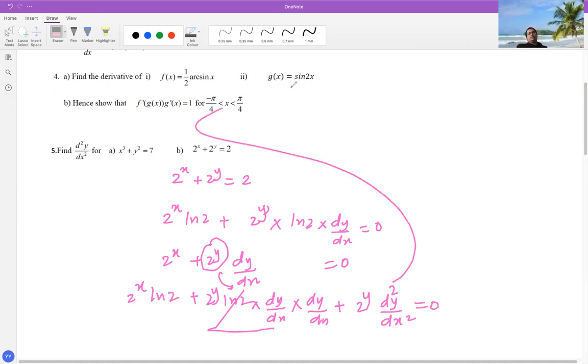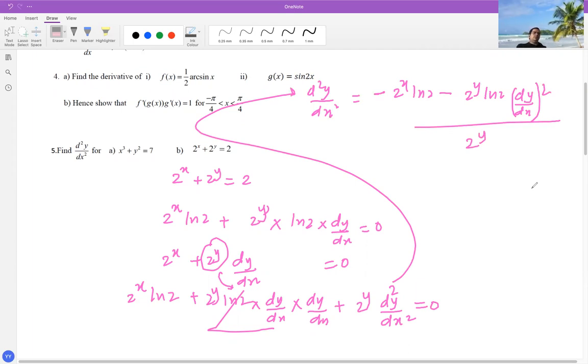Now if you solve for d squared y by dx squared, you get 2 to the power x ln 2. This part will become dy by dx the whole square. So this is -2 to the power x ln 2 minus 2 to the power y ln 2 dy by dx the whole square over 2 to the power y.